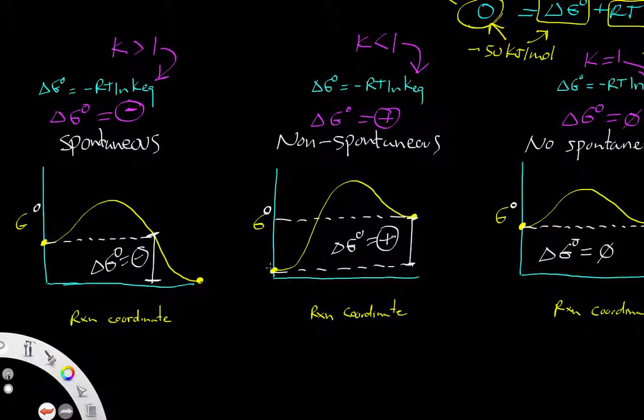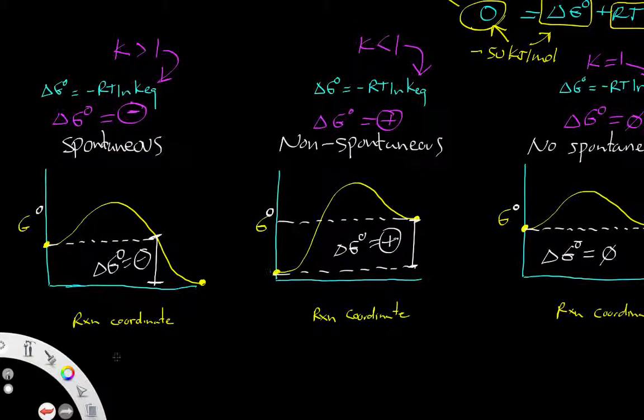In addition to that, I want to say one more thing. If we have a spontaneous reaction and a non-spontaneous reaction, we are still going to have equilibrium. We are just not going to have thermodynamic equilibrium. What do I mean by that? Remember, I also mentioned that we could have kinetic equilibrium and thermodynamic equilibrium.